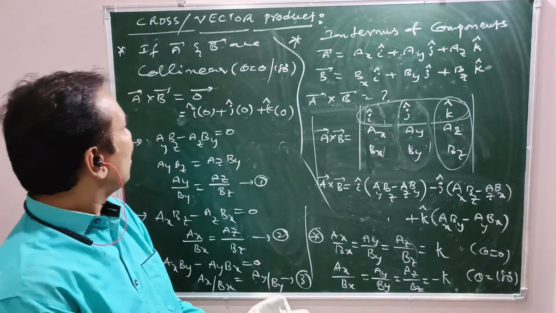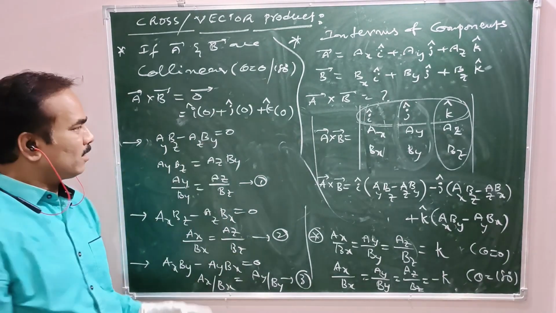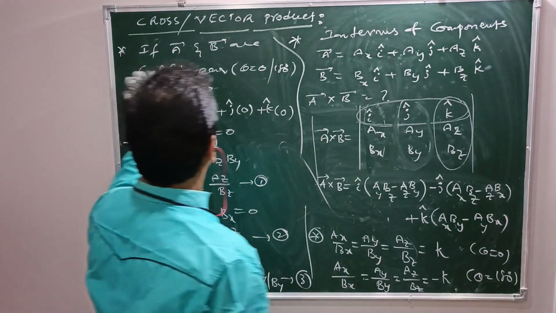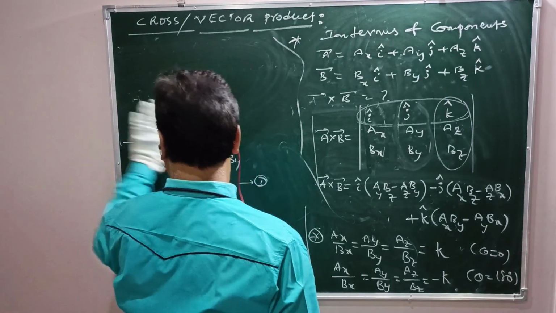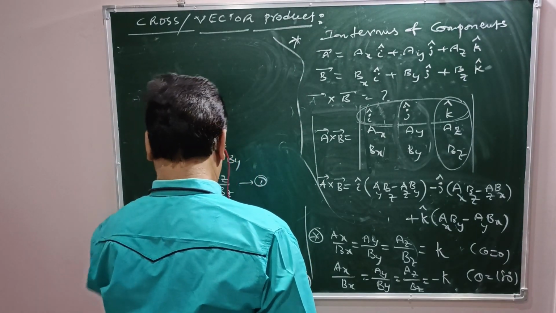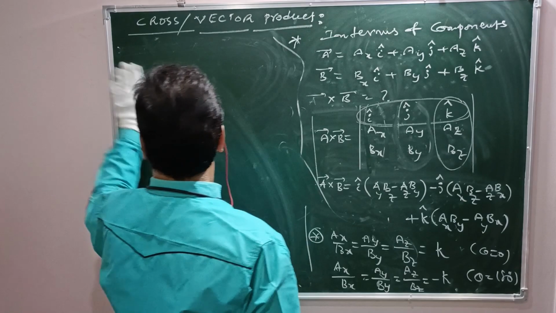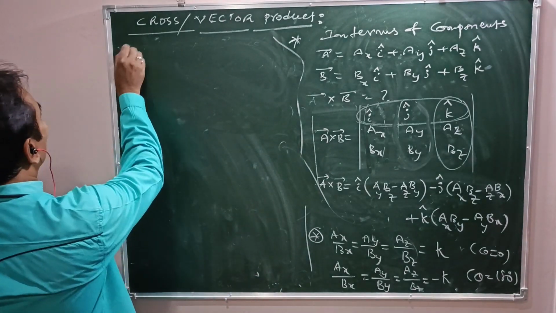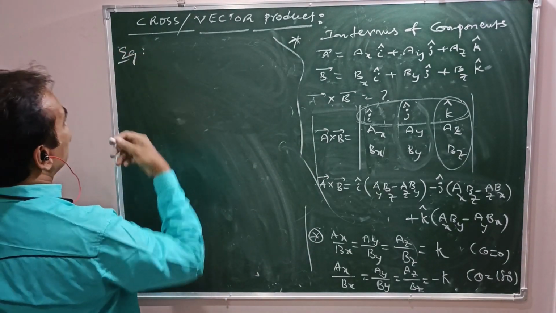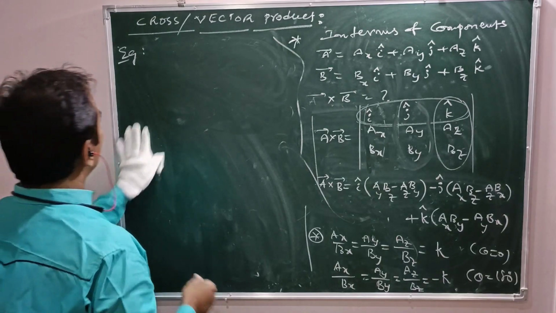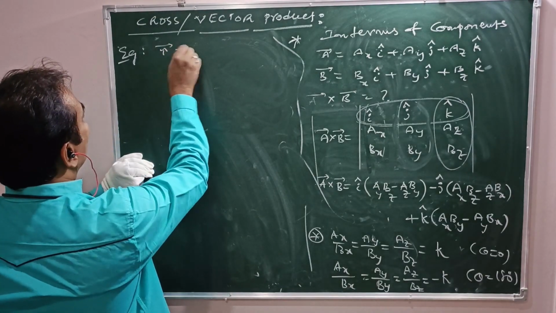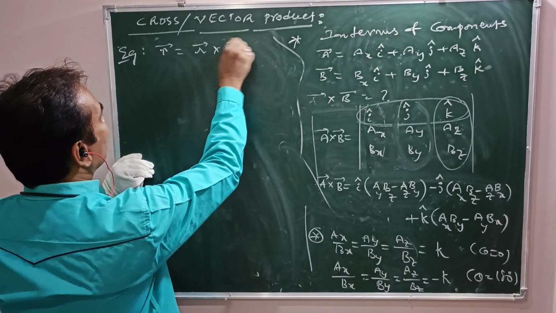Okay. Now coming to examples of cross product. Let us see some examples. What are the examples? Torque tau bar equals r bar cross f bar.